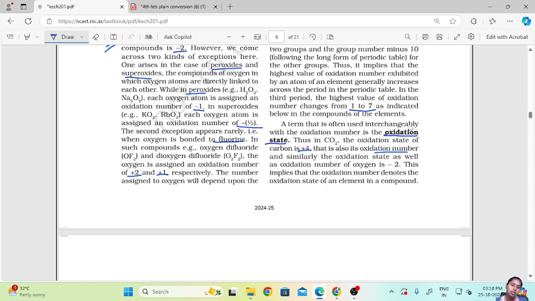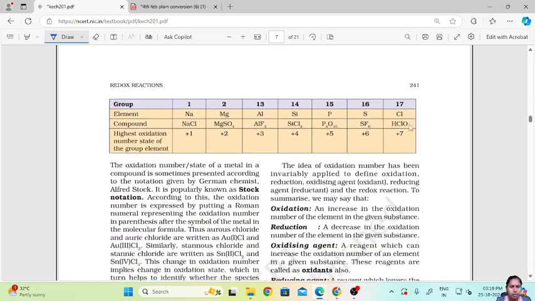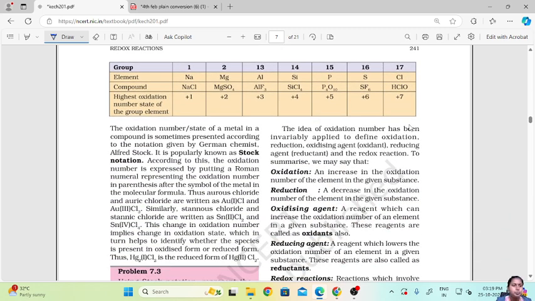Similarly, the oxidation state as well as the oxidation number of oxygen is -2 in carbon dioxide. This implies that the oxidation number denotes the oxidation state of an element in a compound; both correspond to each other.